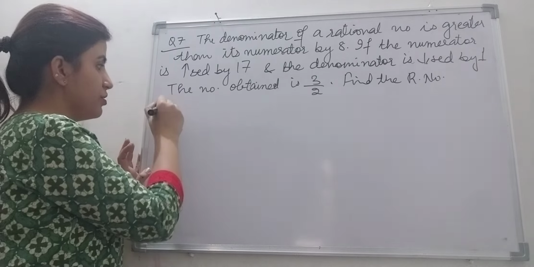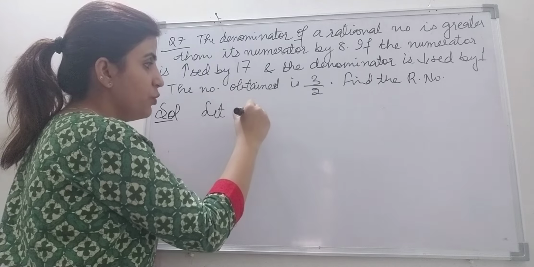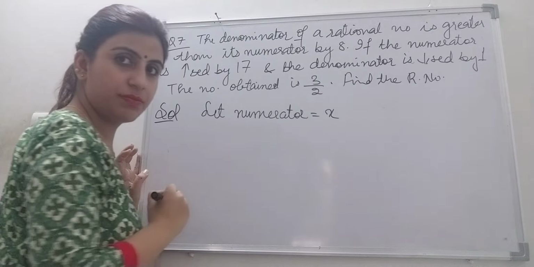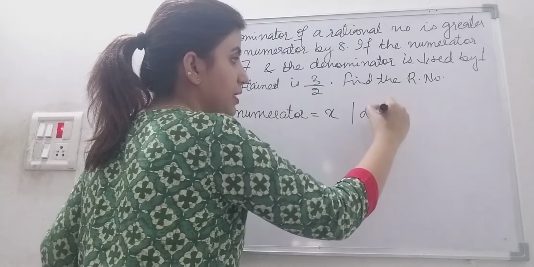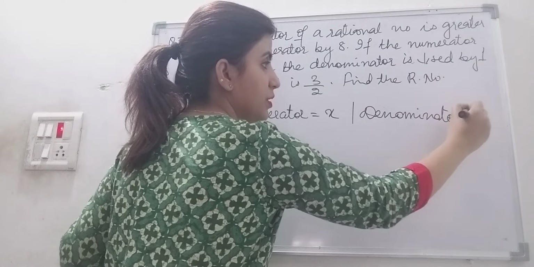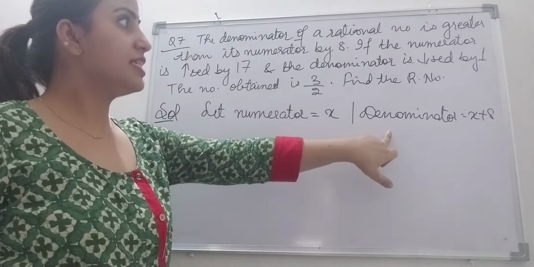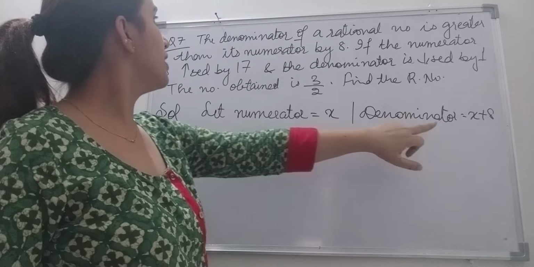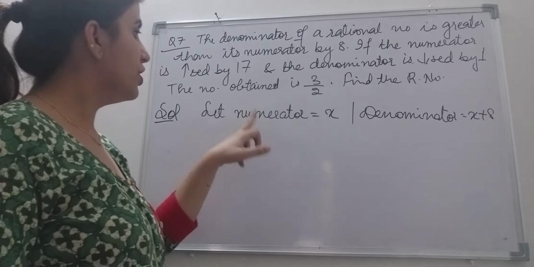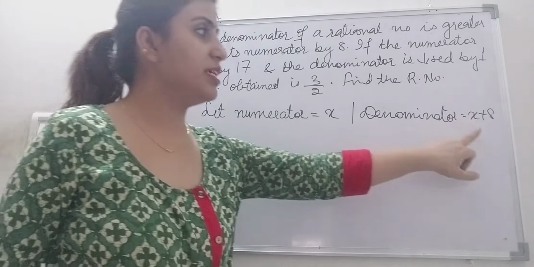So if I suppose, let numerator equal x, then denominator equals x plus 8. The denominator of a rational number is greater than its numerator by 8. If one is x, then the other is x plus 8.